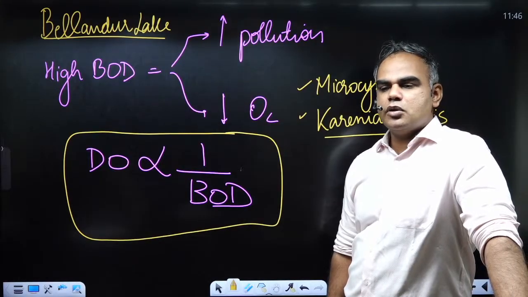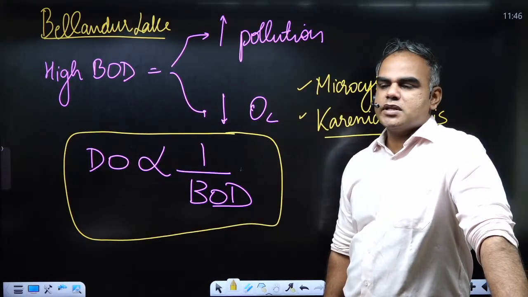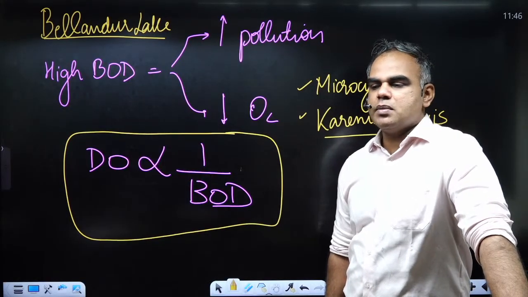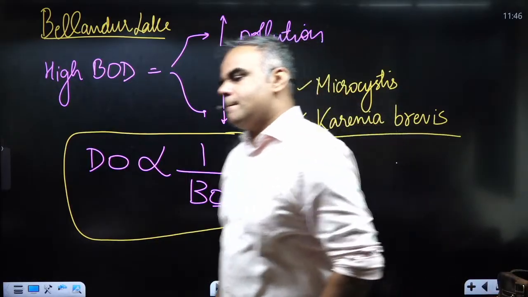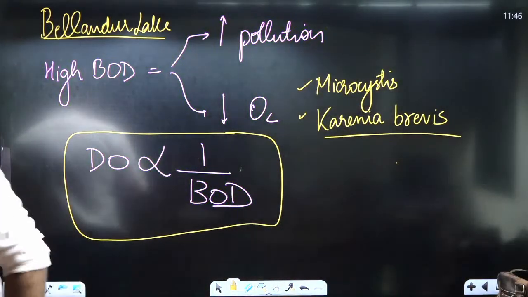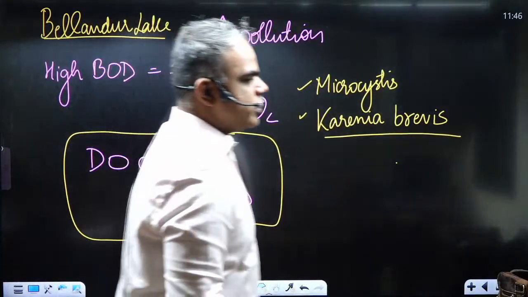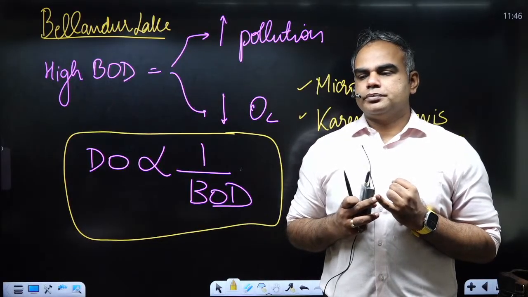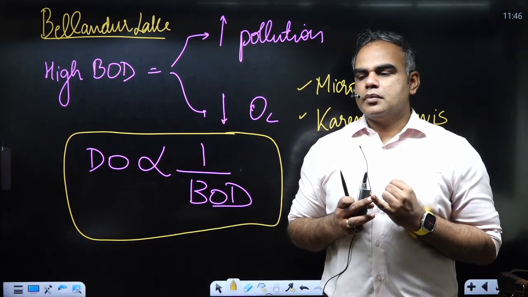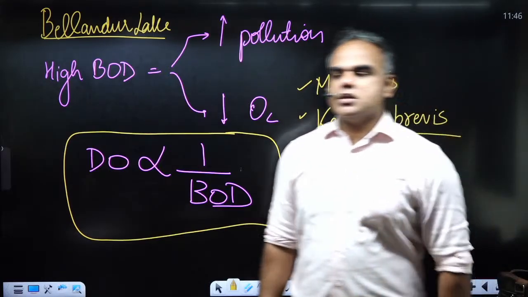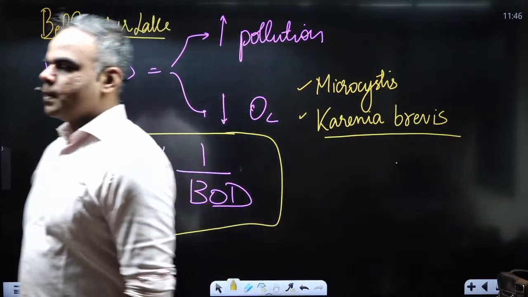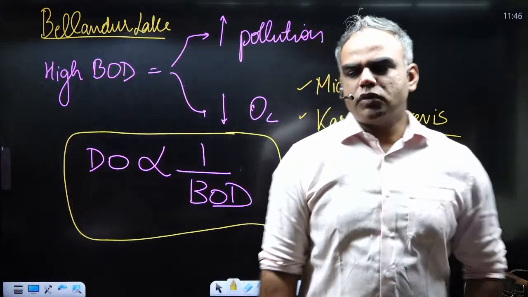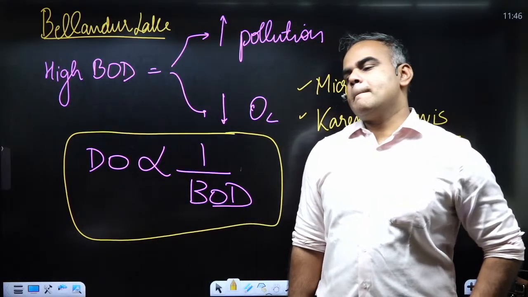So at last, just write one heading: Consequences. The consequences are for eutrophication or for algal bloom. Okay, so very quickly you can jot down some points. Loss of biodiversity. Second, economic losses of basically aquaculture and fisheries.